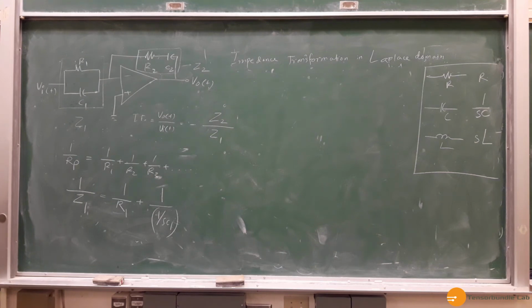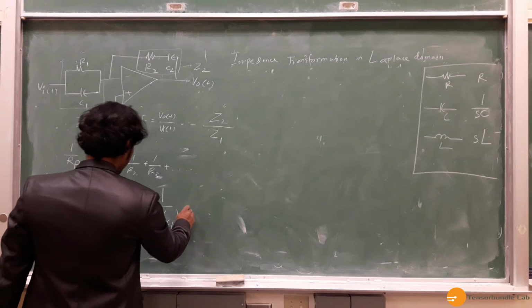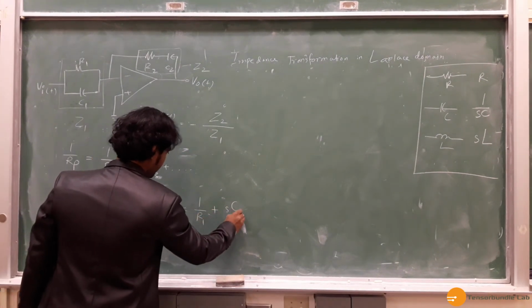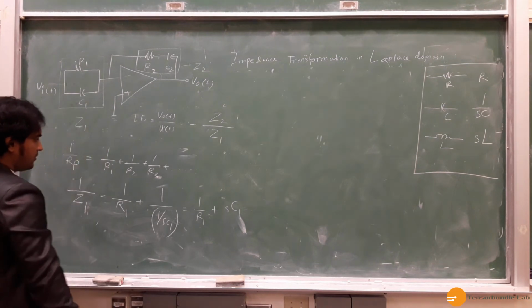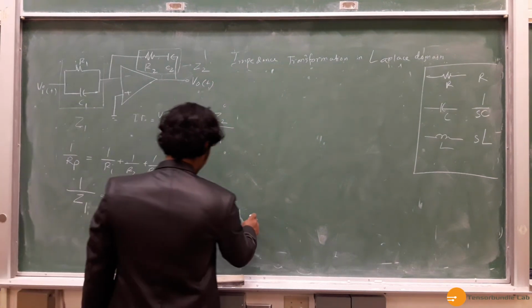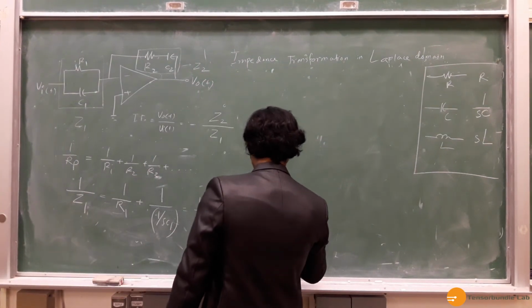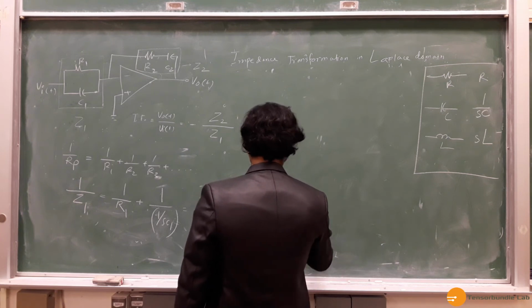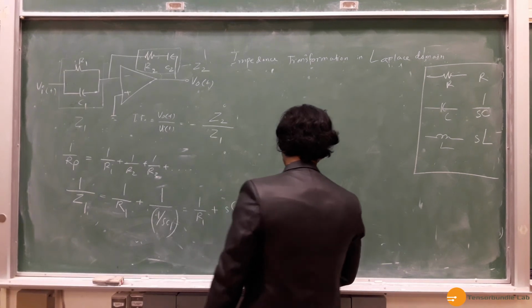Alright. So it becomes 1 over R1 plus S C1. Since this is 1 over Z1, we can further simplify it like (1 plus R1 C1 S) over R1.